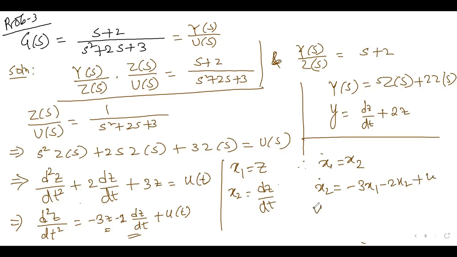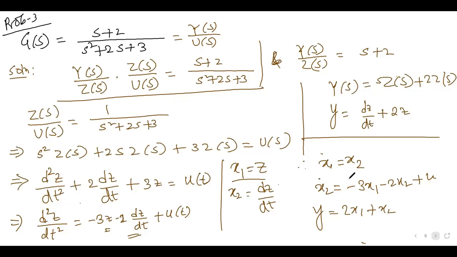And what about y? y is equal to 2z. 2z means what? z is x1. 2x1 plus x2. Very good. There are three equations. So we have three equations.